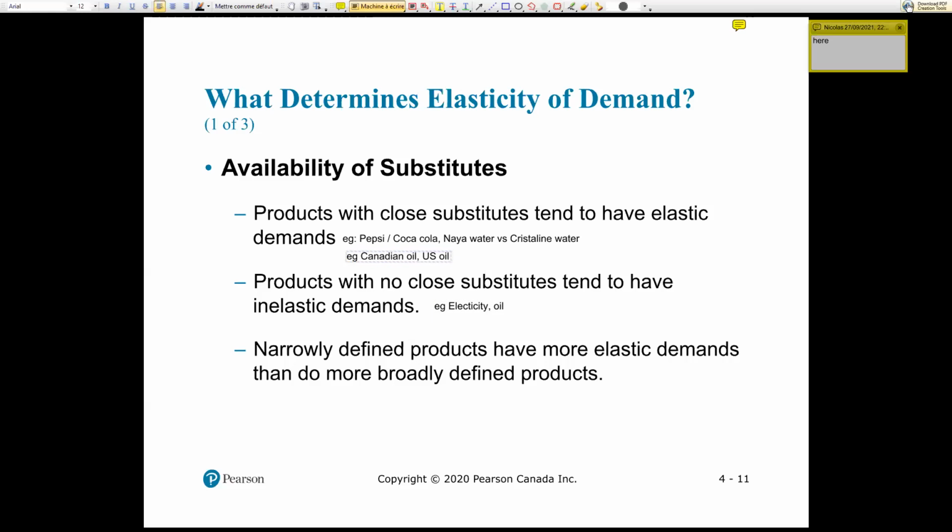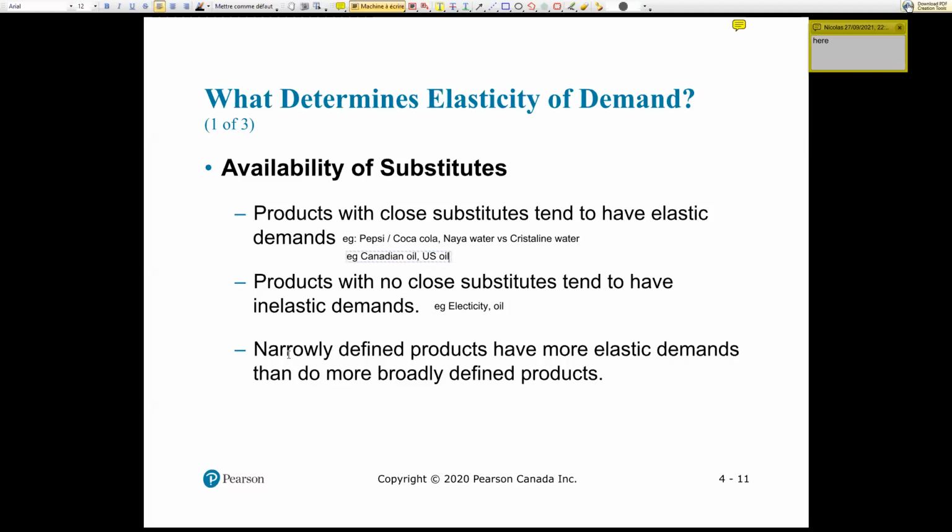I don't know how close they are, but if you have a good pipeline from one place or the other, or bring your oil by train from the west of Canada or from the US, at some point oil is oil. So if one becomes cheaper than the other, I pick one or the other. You really see that you have to be precise. It's not that the definition of one good is that it has a large or small elasticity of demand. Everything depends on the context.